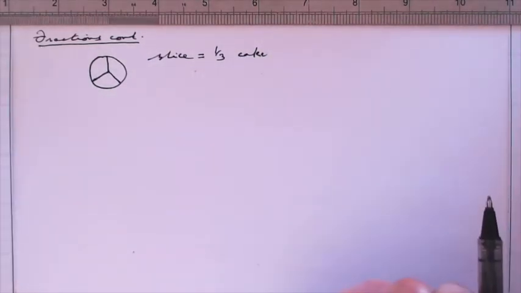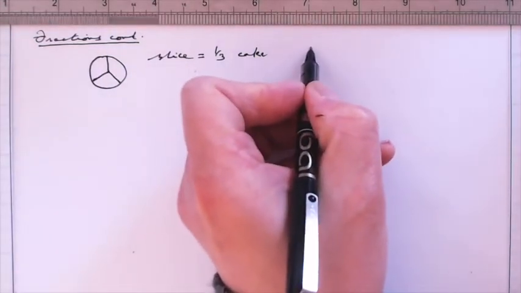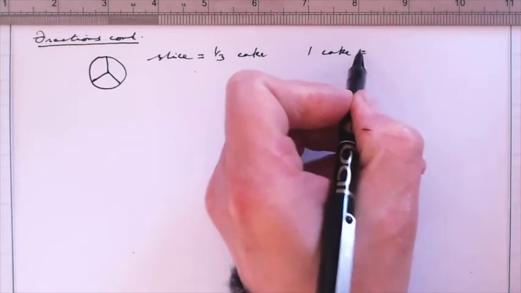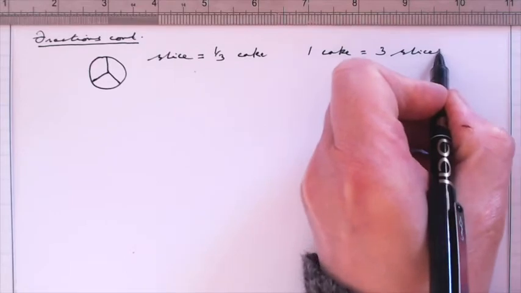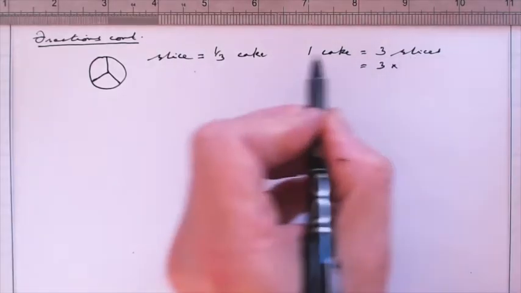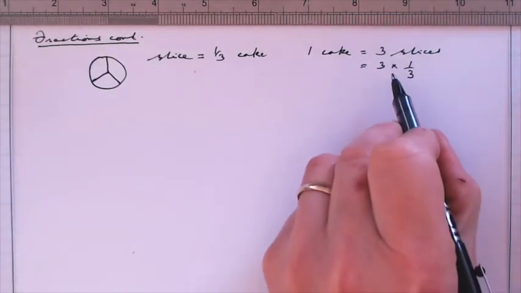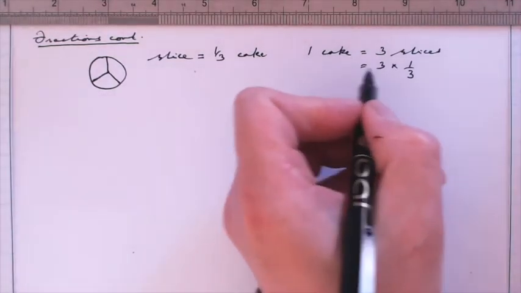Just as a slight side remark here, notice that 1 cake is 3 slices. That is 3 lots of 1/3 of the cake. So 3 times 1/3 is equal to 1.